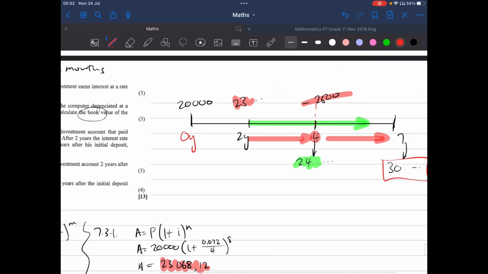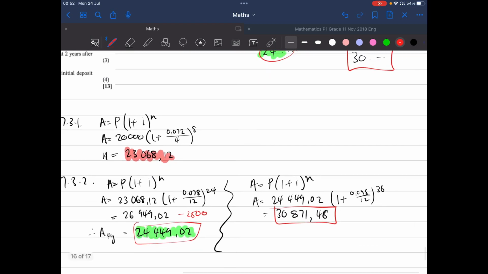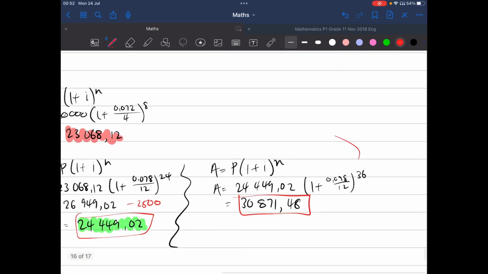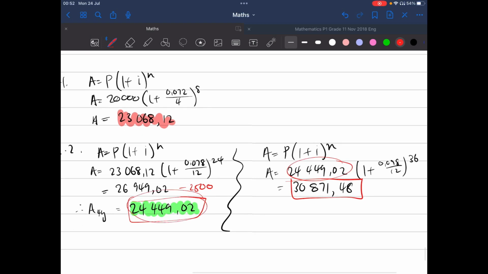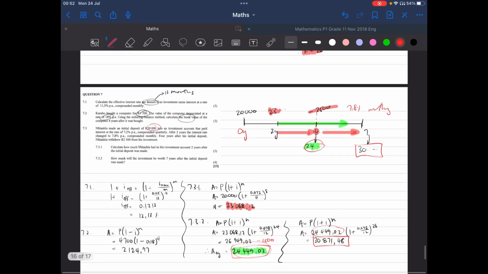So now at the 4-year mark, it's actually worth 24 point something, okay? Then what happened? He didn't take anything out, nothing changed. The interest rate was still 7.8% compounded monthly. Okay. So at that point, all we had to do was just calculate for those last 3 years. And we used our principal amount as how much it was worth at that point. Okay. So it's not complicated. You just have to break down what's been asked and then answer it.